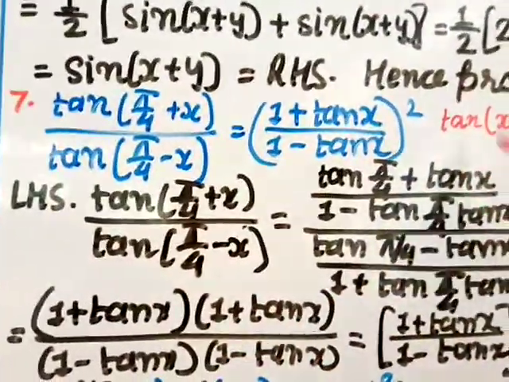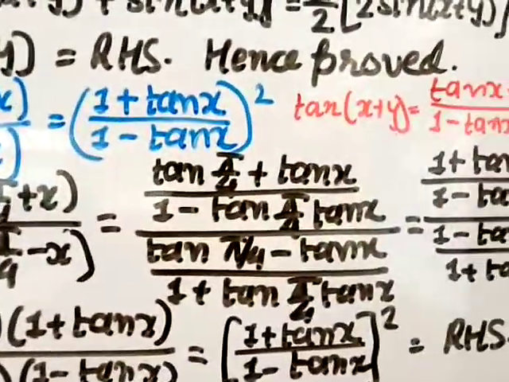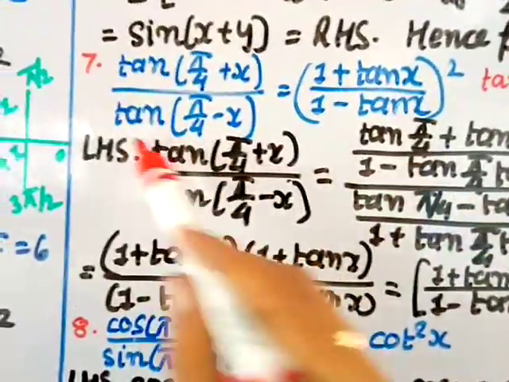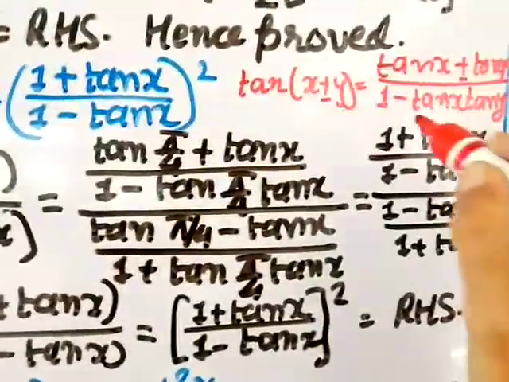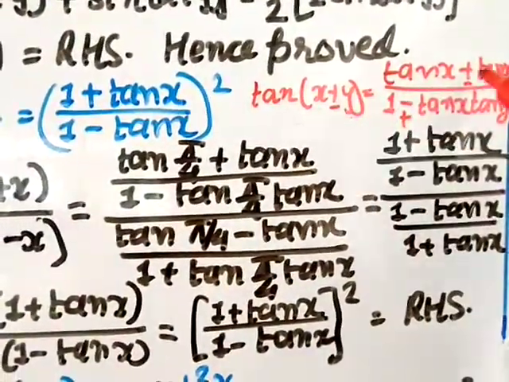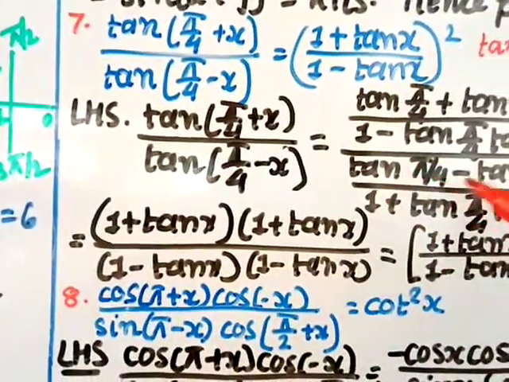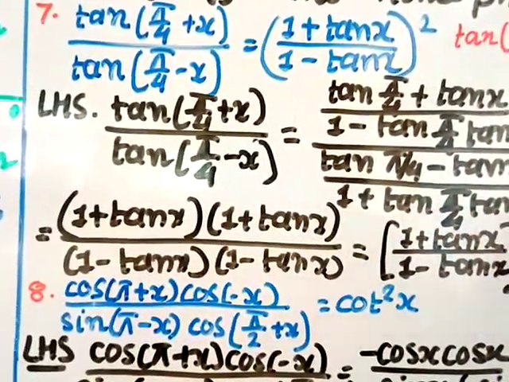Same formula, just these changes will come. For the denominator it is the same, but for minus, here will come minus, and here will come plus. When it is minus, here minus and here plus. So for minus, tan of pi by 4 minus x gives you tan pi by 4 minus tan x divided by 1 plus tan pi by 4 tan x.